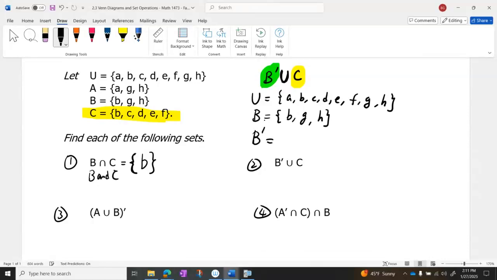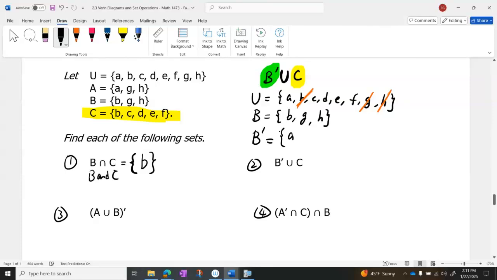To find B prime, this is what I do. I cross out the elements in U that are in B. B has letter B, crossed out. Set B has letter G, crossed out. Set B has letter H, crossed out. So we cross out all the elements in B, then the leftover would be in B prime.